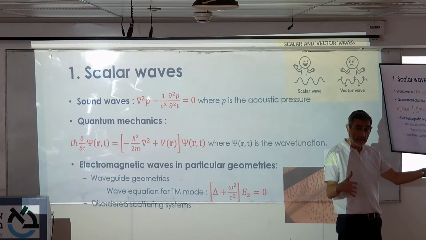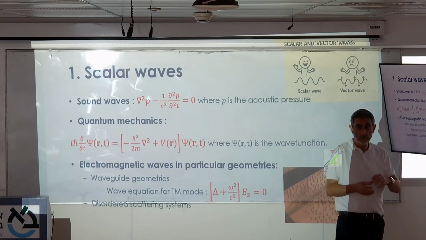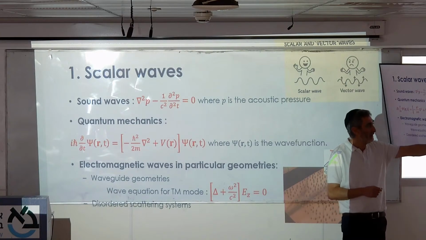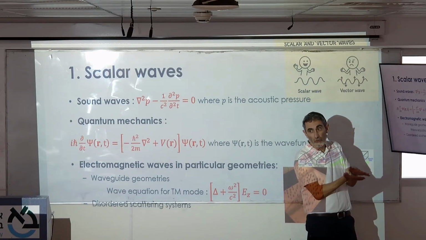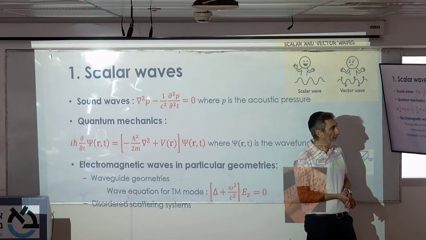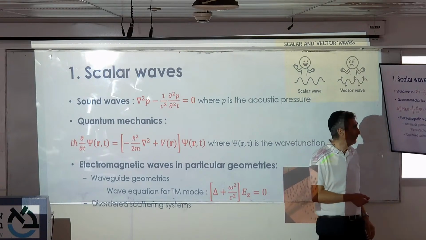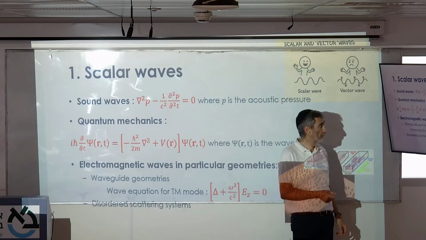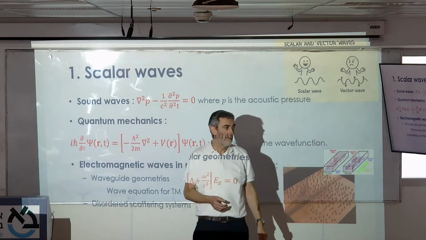The wave propagates inside the system, and you can see the time evolution is the same as the propagation along an optical fiber. So distance in the optical fiber will be time here. This is like a slice of a waveguide, if you prefer. In that case, you can have TE modes or TM modes, and the equation can simplify into a scalar wave equation. So that's an interesting case where it is possible to have scalar waves for electromagnetic waves.